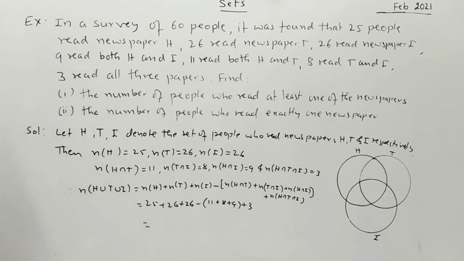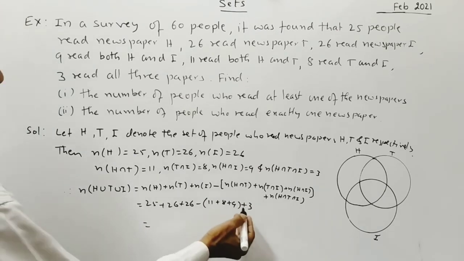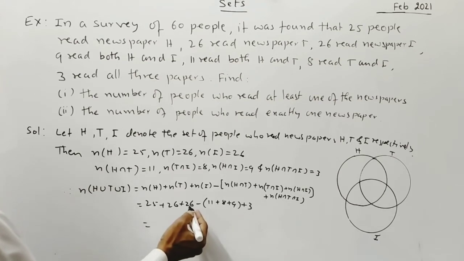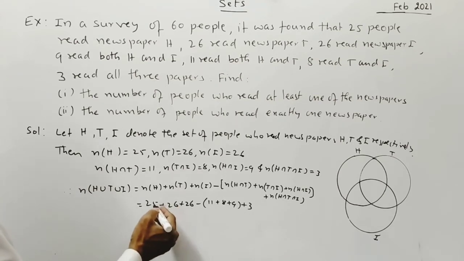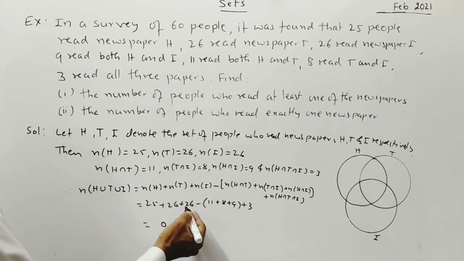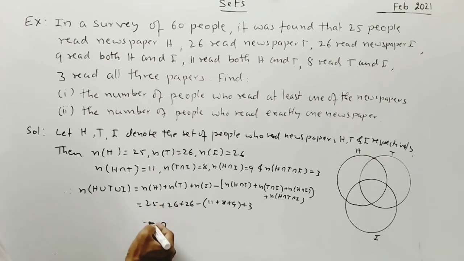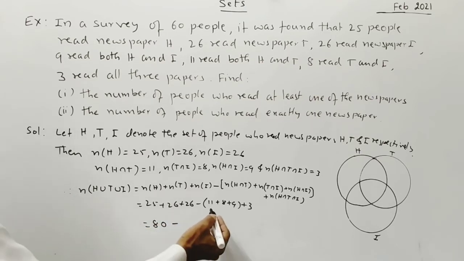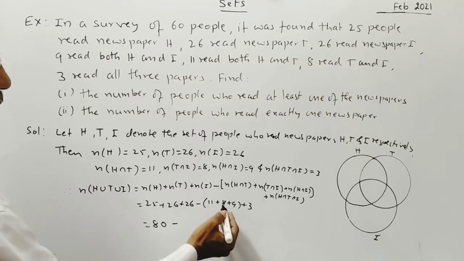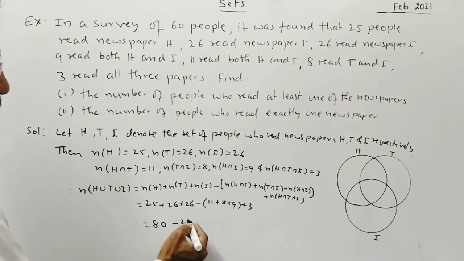This is equal to 3 plus 6, 9, 9 plus 15, 15 plus 5, 20, carry 2, 2 plus 2, 4 plus 2, 6 plus 2, 8, 80 minus (11 plus 9, 20 plus 8, 28) is equal to 52.